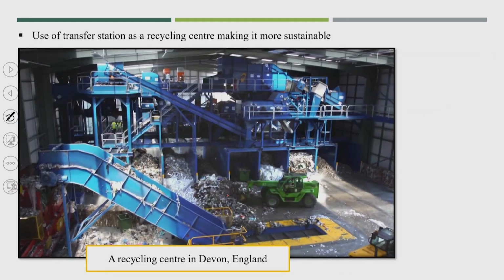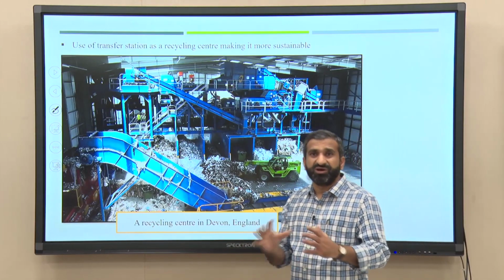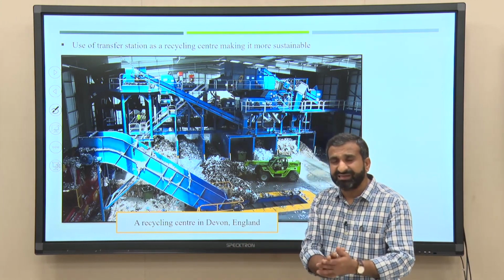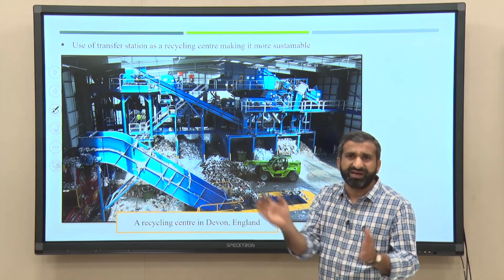It could be possible. Now, the use of transfer stations, this is one more attraction of transfer stations. These transfer stations can be used as recycling centers, which could be more sustainable. Now, here I will discuss a few points. I think small transfer stations are getting a small quantity of nearby areas' wet waste and dry waste.